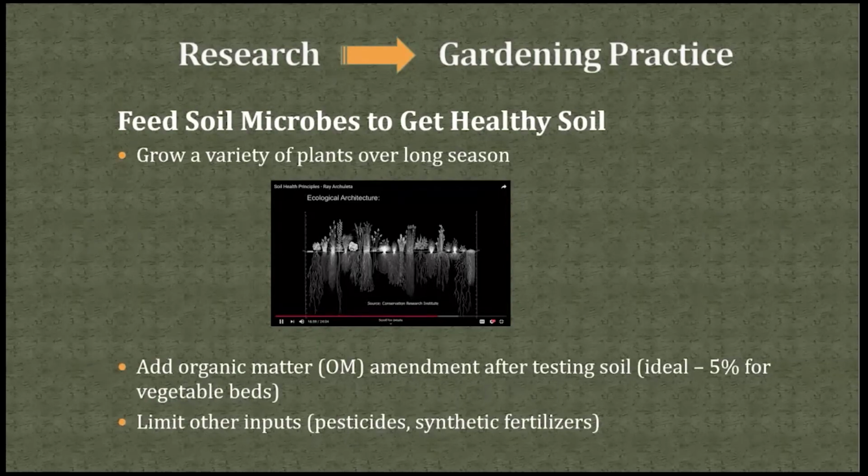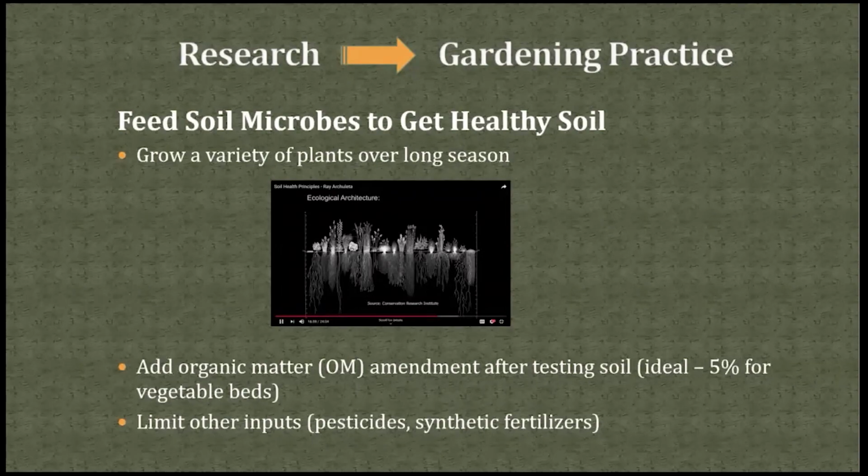This is because the variety of plants above ground will mean a variety of root architecture below ground. And that variety of root architecture and the unique formula each plant uses to make exudates, the combination means that we can support and feed many, many kinds and large numbers of soil microbes.